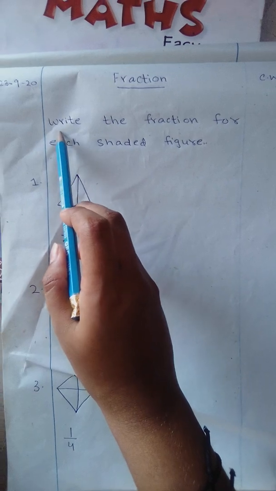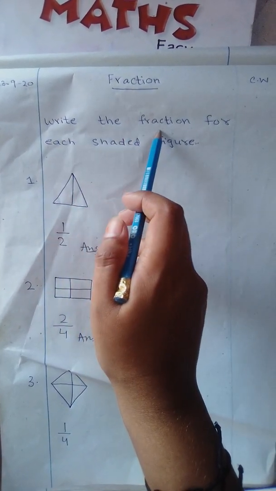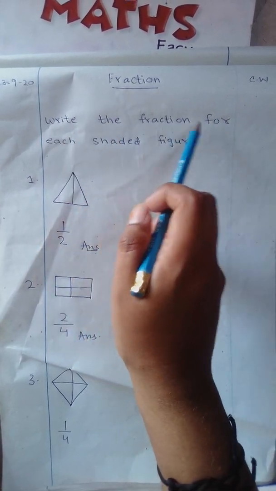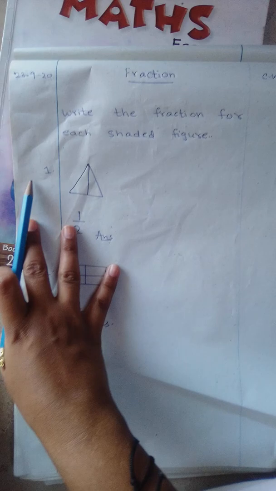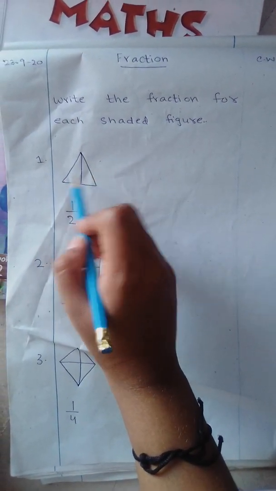So students, you have to write down this question: write the fraction for each shaded figure. First of all, this is your first question and this is a triangle.